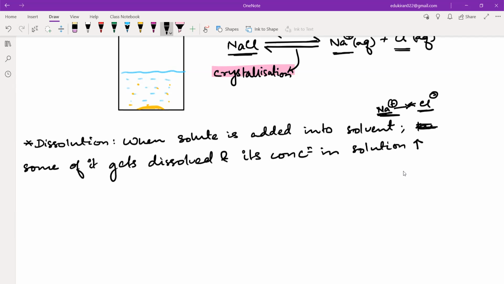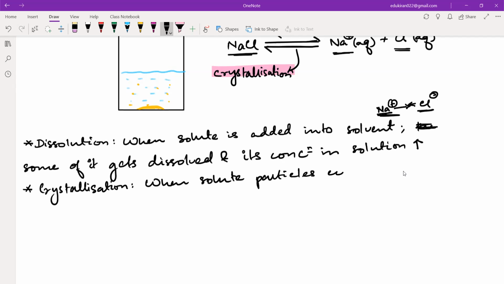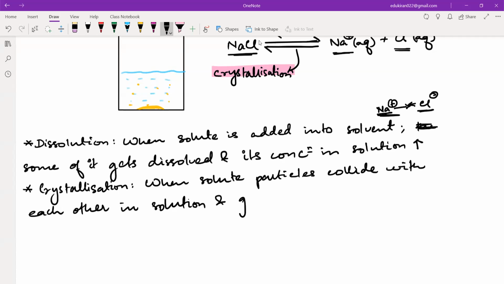Okay. Next is crystallization. When solute particles collide with each other in solution, they get separated.